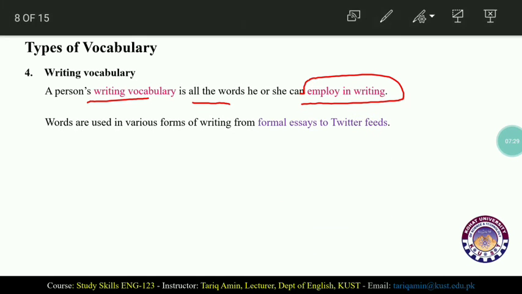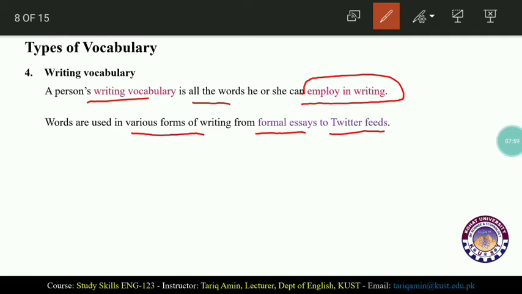Words are used in various forms of writing, from formal essays to Twitter feeds. Yes, sometimes we write formal essays, sometimes we tweet, sometimes we send different messages to our friends, sometimes we chat with our friends on WhatsApp, Messenger, etc. And sometimes we write academic documents, formal essays, formal applications.